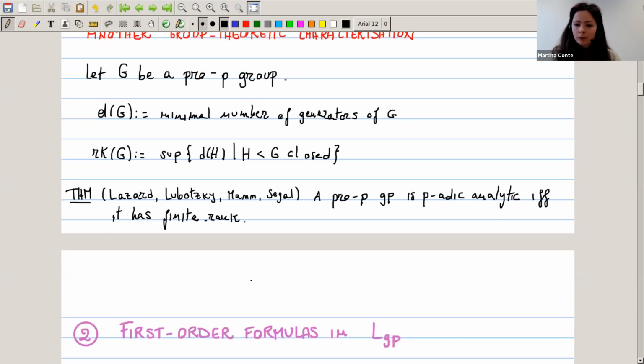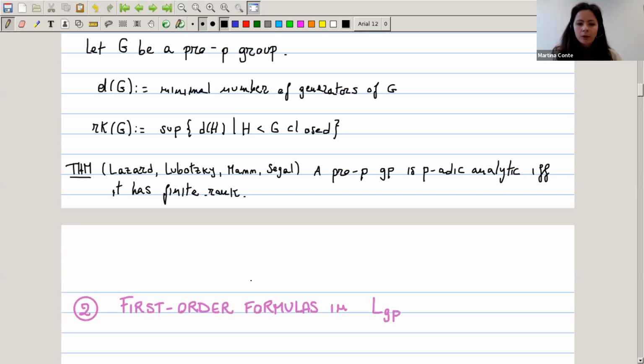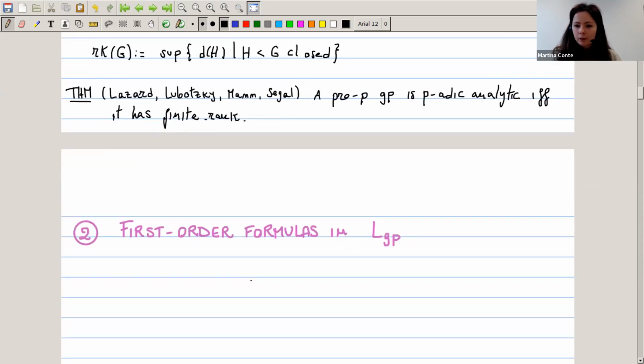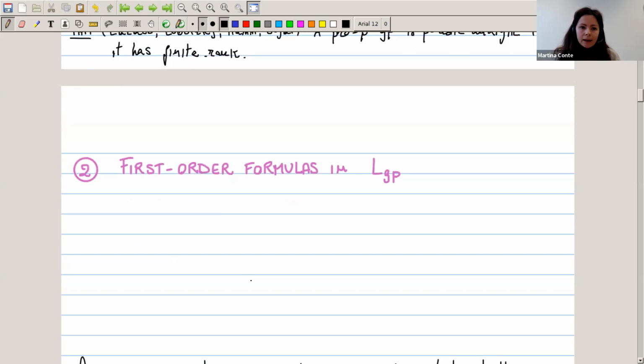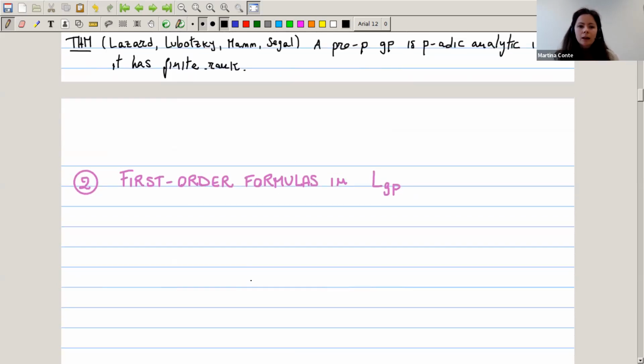First of all, what the language of groups is and what first order formulas in the language of groups are. So the basic idea in model theory is that we have a structure. We distinguish functions, relations, and elements, and we want to have a language with which we can talk about these structures, these functions, relations, and elements.